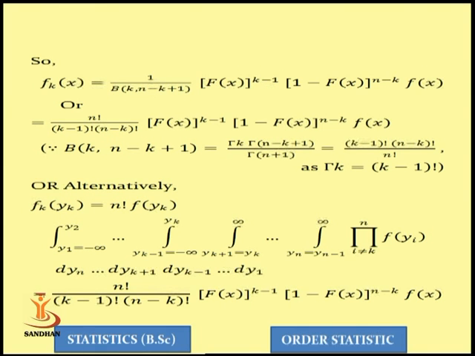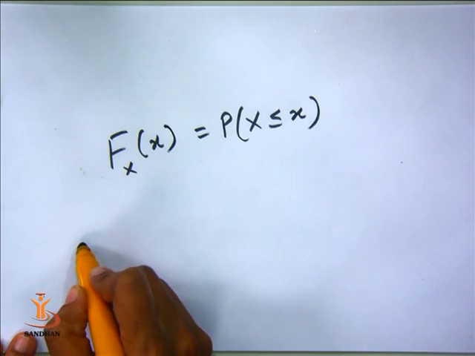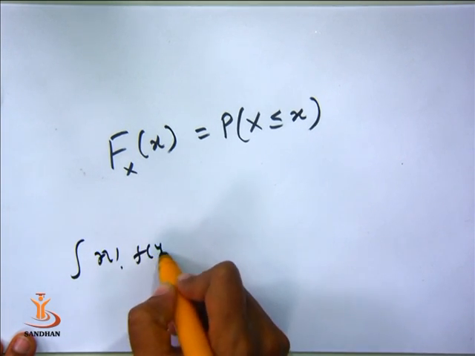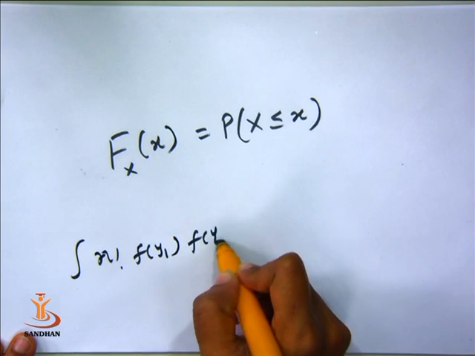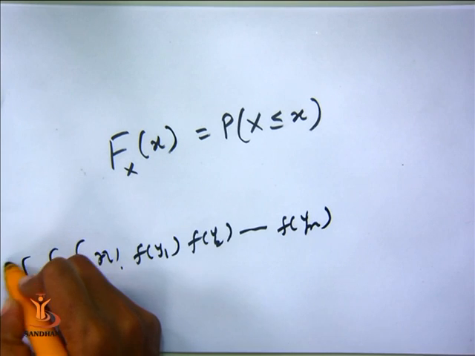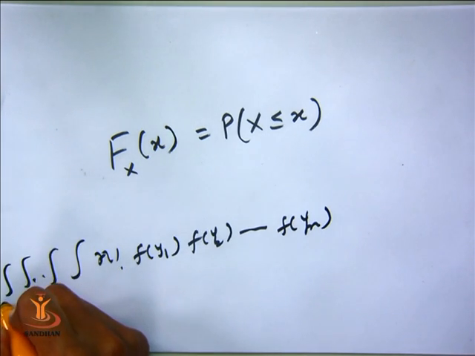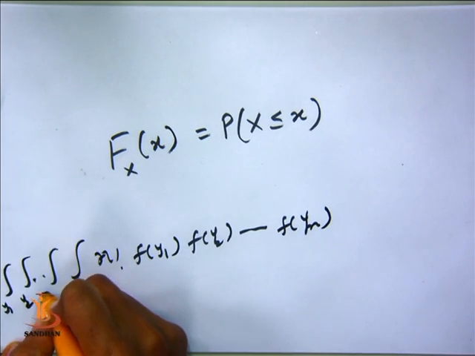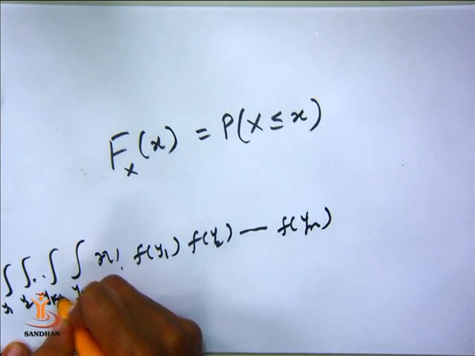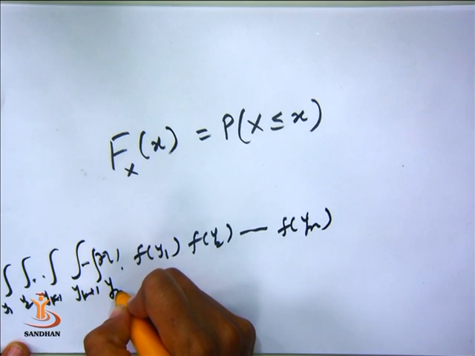So basically what we are doing is integrating our joint density, n factorial f of y1, f of y2, up to f of yn, but the integration is over everything except k, that is over y1, y2, yk minus 1, yk plus 1 and so on up to yn.